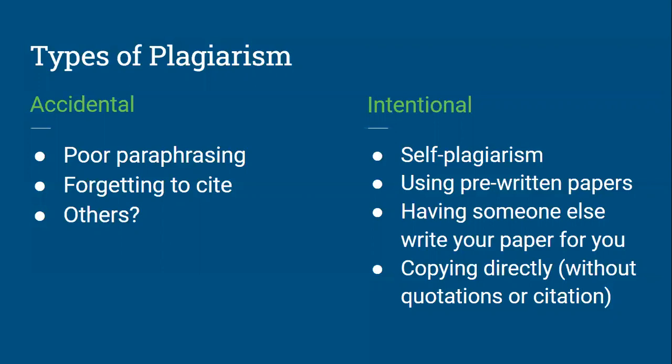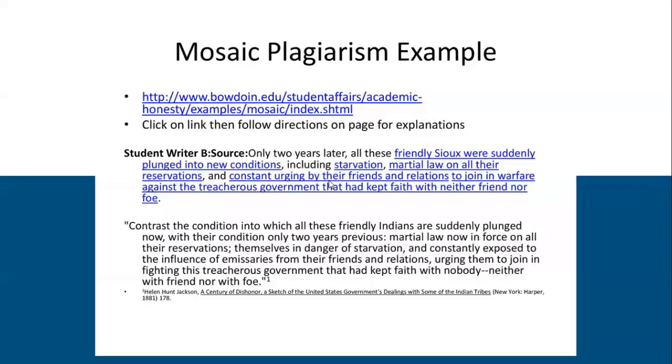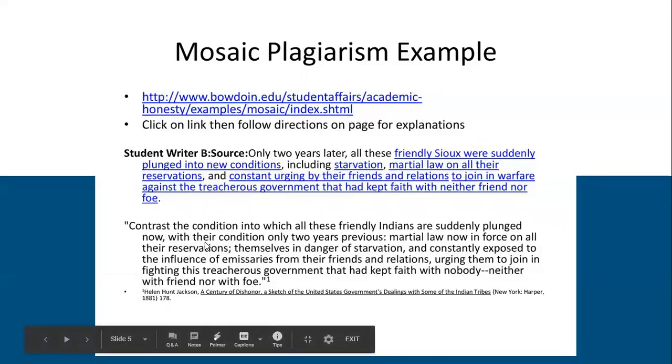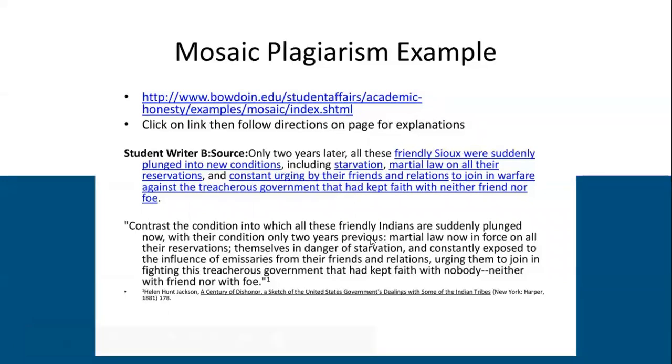Obviously, using pre-written papers that you find online is a big no-no. Having someone else write your paper for you, also a big no-no. And copying directly without quotations or citation, not good. So, mosaic plagiarism. Basically, when you commit this error, you are very close to the original source without being exactly like the original source.